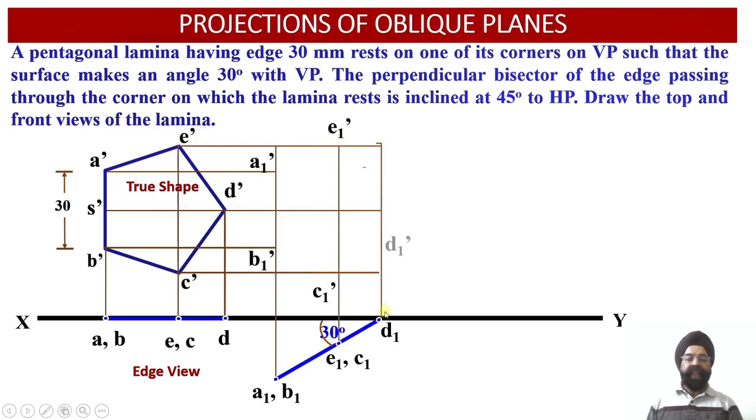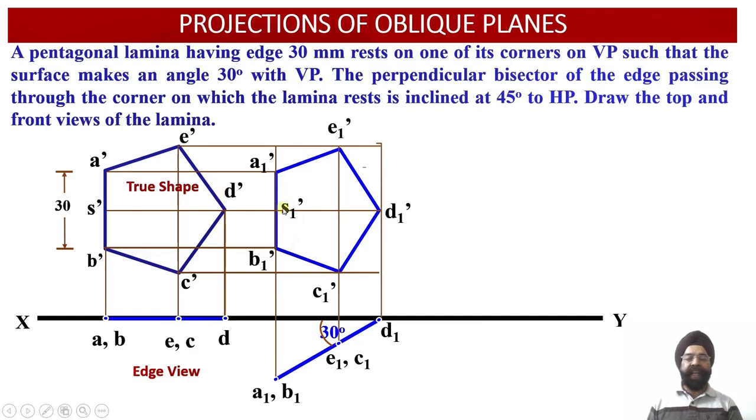And finally, D1 dash point has been obtained by virtue of intersection of the vertical projector line drawn through the point D1 and the horizontal projector line drawn through the point D dash over here. So now the front view elevation projections corresponding to this pentagonal lamina, which happens to be inclined with respect to HP, have been obtained.